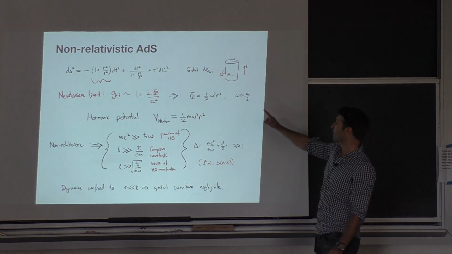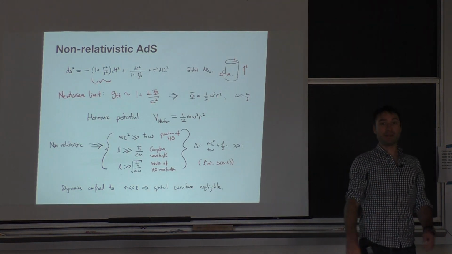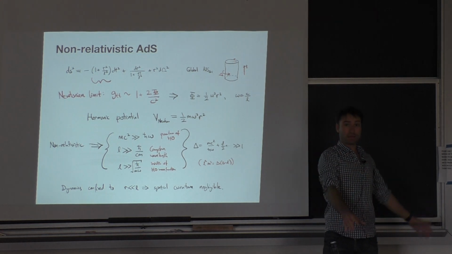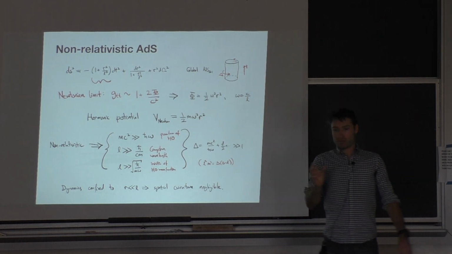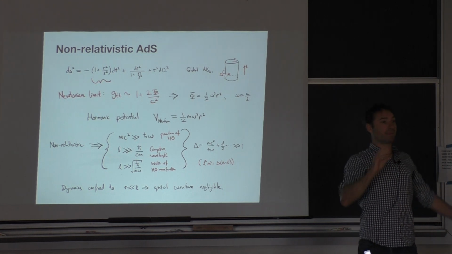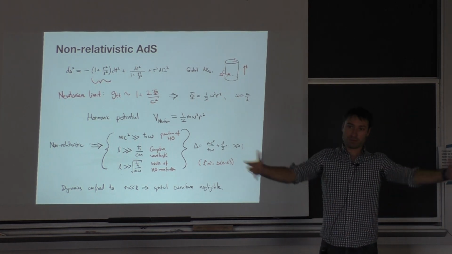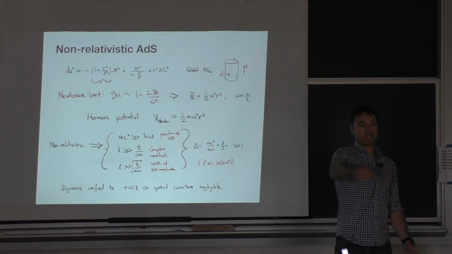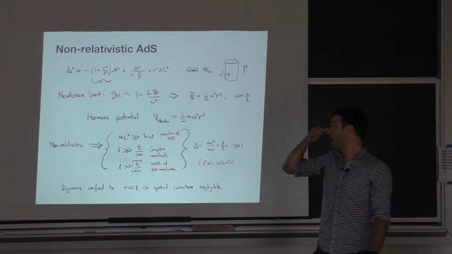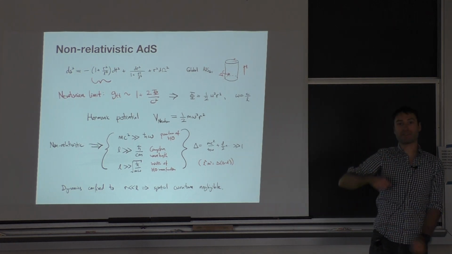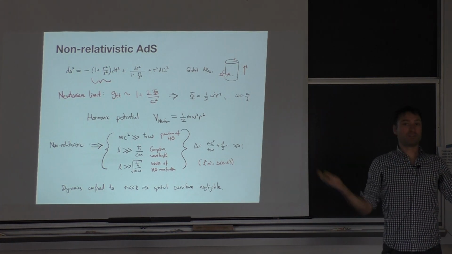And the important parameter here that I'm going to hold fixed in this limit, so I'm going to take c to infinity, but hold fixed not the AdS length, but rather the AdS time, or the AdS frequency, which is the speed of light divided by the AdS length. So we know that AdS acts like a box, timelike geodesics are all periodic, and that period is some fixed unit of time, and that's 2 pi over omega.